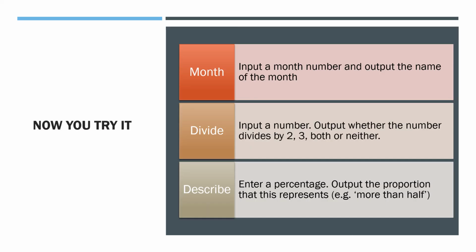So you've learned 2 different ways to catch bad input from the user, and we collect these together under the general heading of validation. Here are the 3 programs that you were asked to do last time.